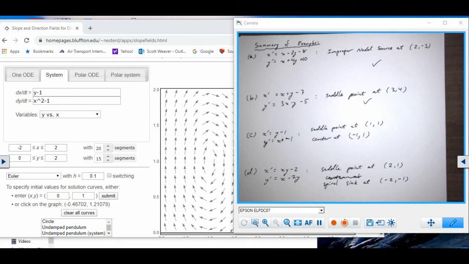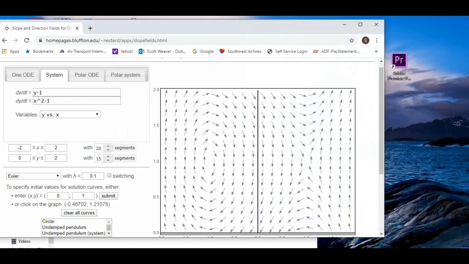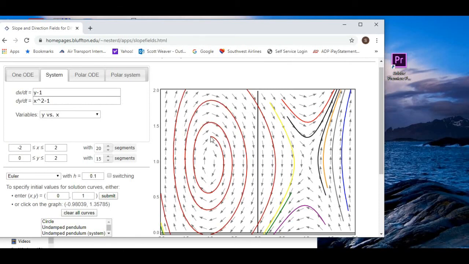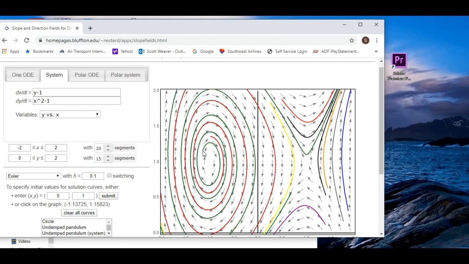So at the point where we're supposed to have a saddle point, we can see it's doing saddle point stuff. It's going around in all kinds of saddle pointy ways, going towards in one direction, away from in the other. Classic saddle point behavior. As for the center, we are expecting to see something that is going around and around.